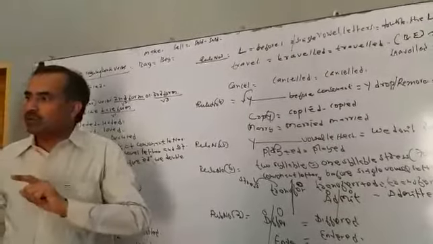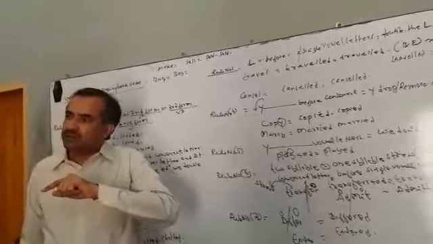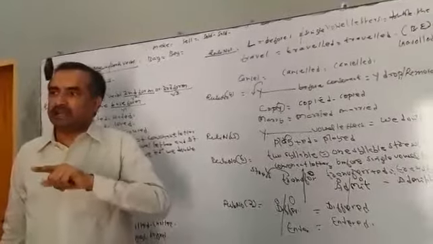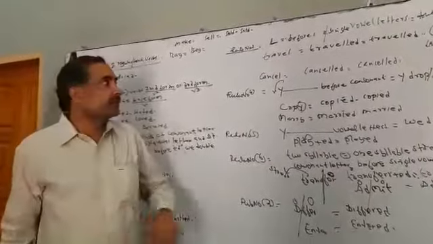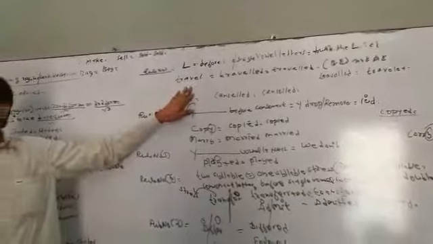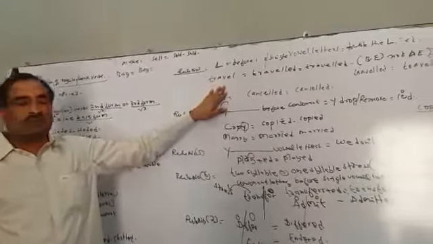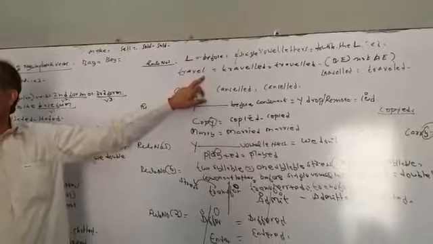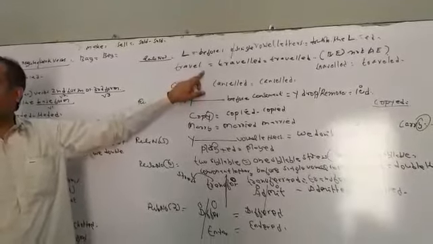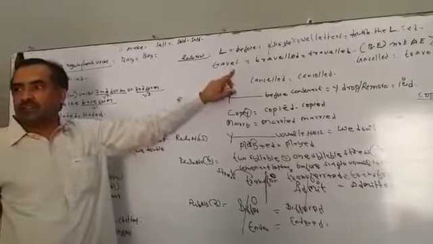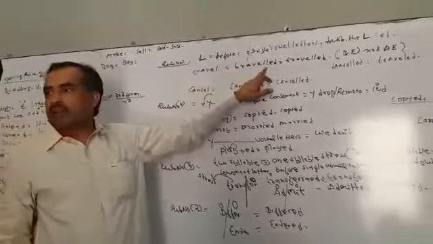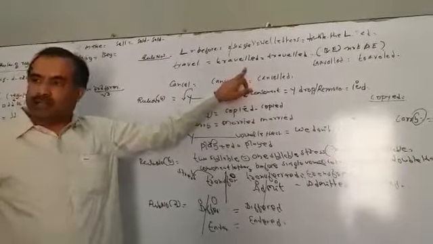So what do we do? Double the last letter, double the L, and then we add ED. So look at this word, travel. Travel ends in L, and before L, a single vowel letter. So here we double the L, then add ED.